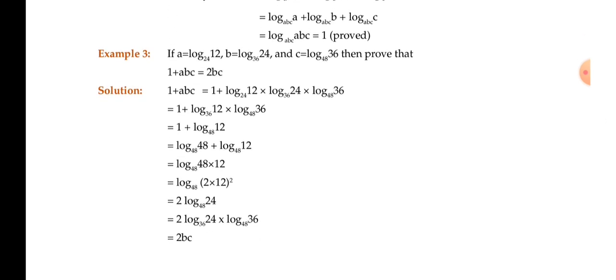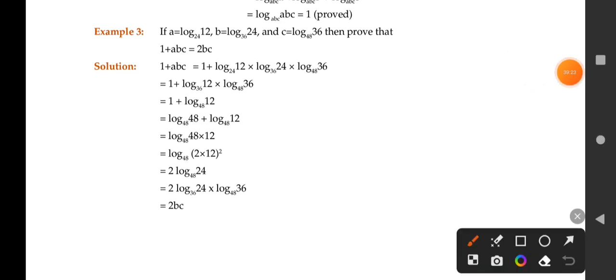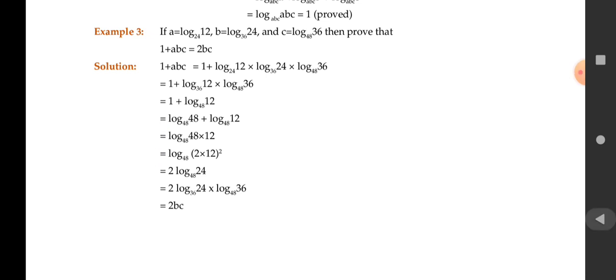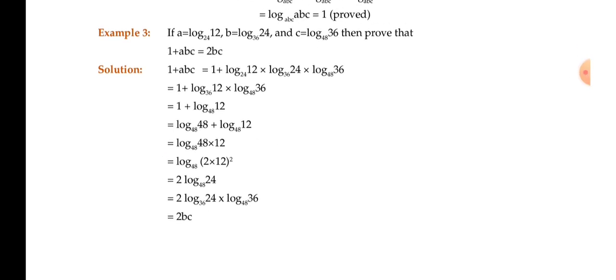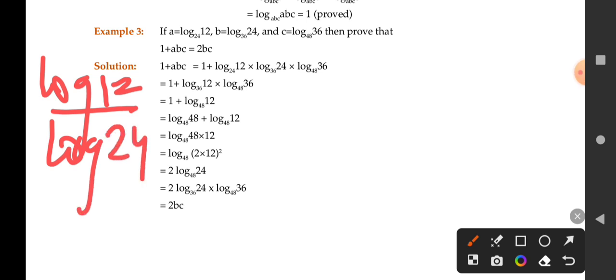Okay, next example. Again, there is a proof. Let's solve this one. So we have log 12 divided by log 24, this is A. So we are trying to solve A into B into C. What is B?